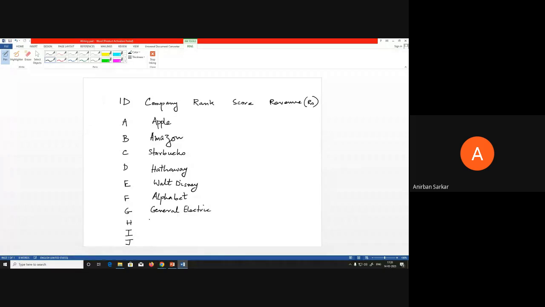Then say Southwest Airlines. Facebook. 10th one is say Microsoft. So you can appreciate that all these are 10 US companies, and I'm giving them the ranking.